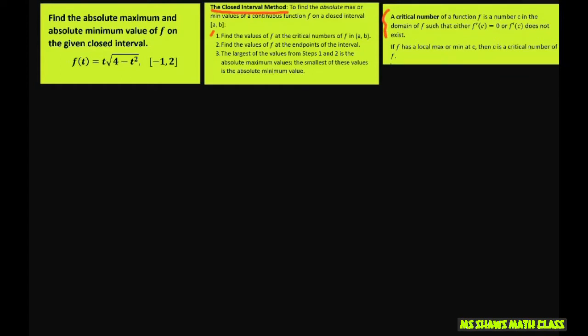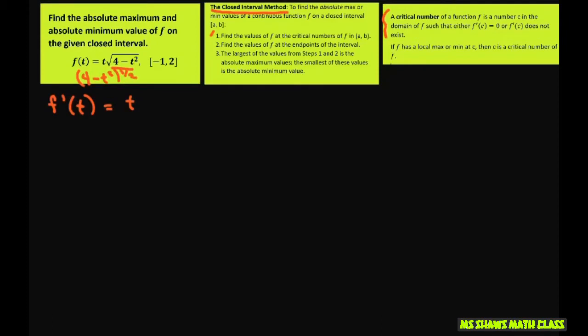So we first have to find the derivative of f of t, so f prime of t. Use the product rule and the chain rule. Your first term is t, and we're going to also write this as 4 minus t squared to the 1/2 power.